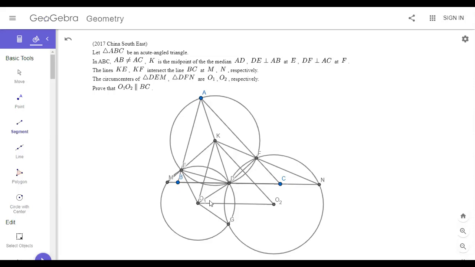So yeah, let's see. Can we show angle GMD is O1MD? So GMD is GED. Well, GMD is half of, let's see.